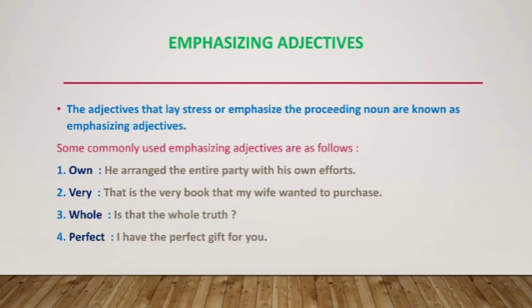Some examples with sentences are given here: own, very, whole, perfect. These are all examples of emphasizing adjectives. So students, I hope all these explanations and definitions of kinds of adjectives will be very helpful for you to understand the concept of adjectives and their uses.